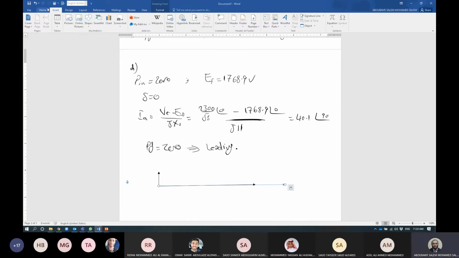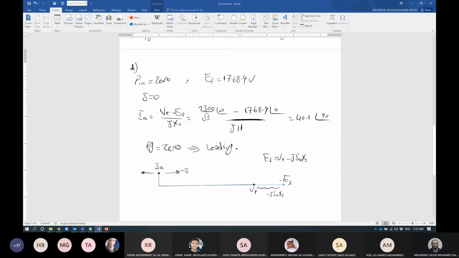So this is EF. This is IA. This is V terminal, and you know the relation EF equals V terminal minus JIAXS. V terminal is this vector. JIA means in that direction, so minus J will be in that direction. So minus JIAXS is considered as this part. This is minus JIA multiplied by XS.